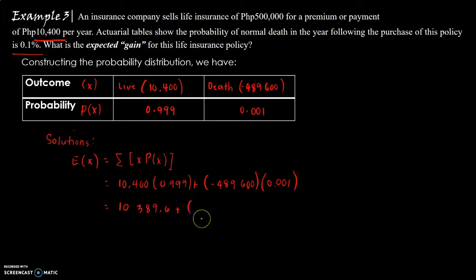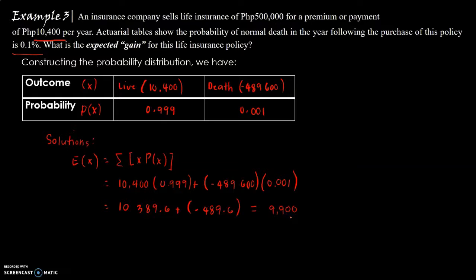Plus, okay, 489,600 times 0.001 is equal to negative 489.6. Now, subtracting 489.6 from 10,389.6, we have 9,900.